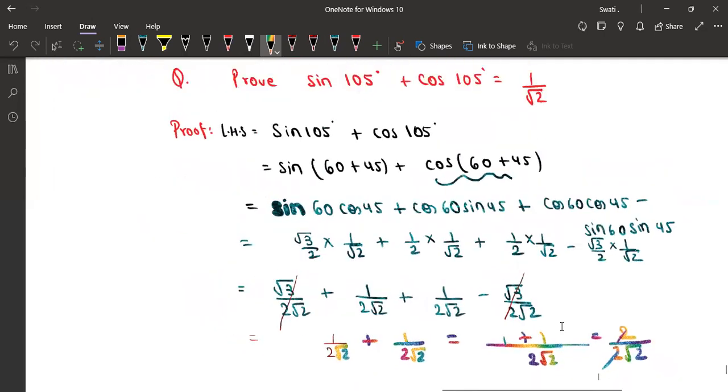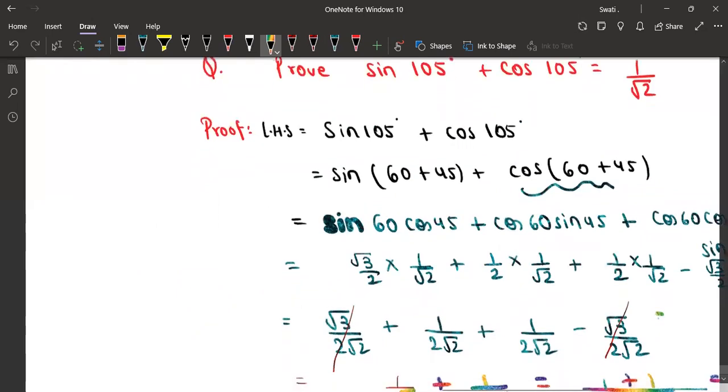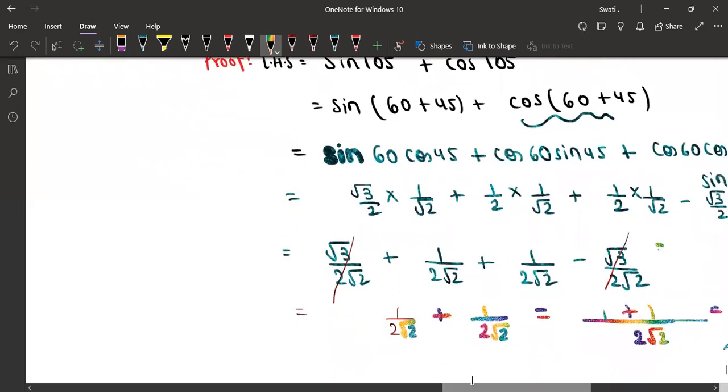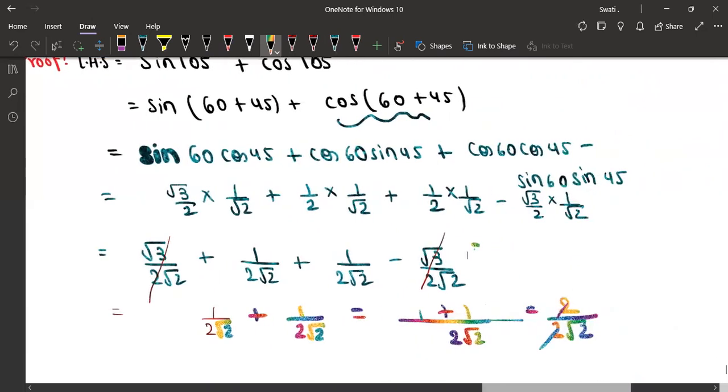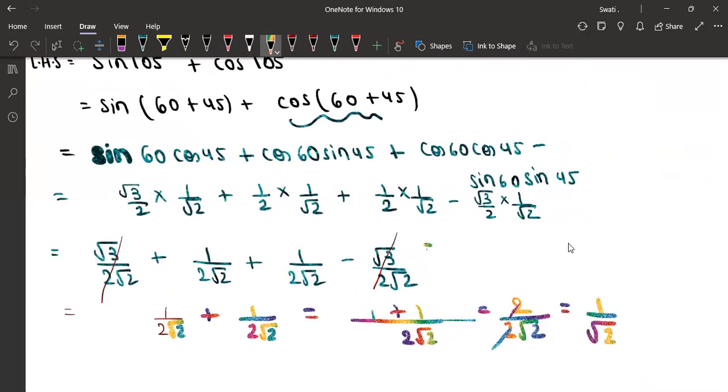We are getting 1 upon root 2, and that is nothing but our RHS. We wanted to prove LHS is equal to RHS, hence proved.